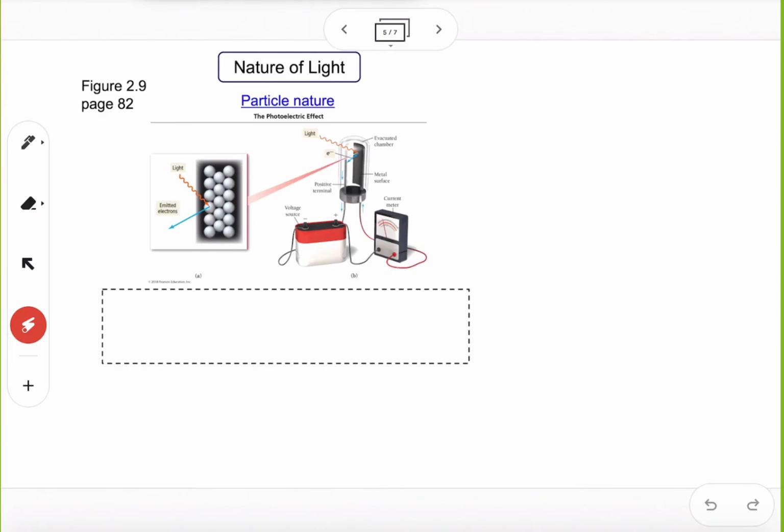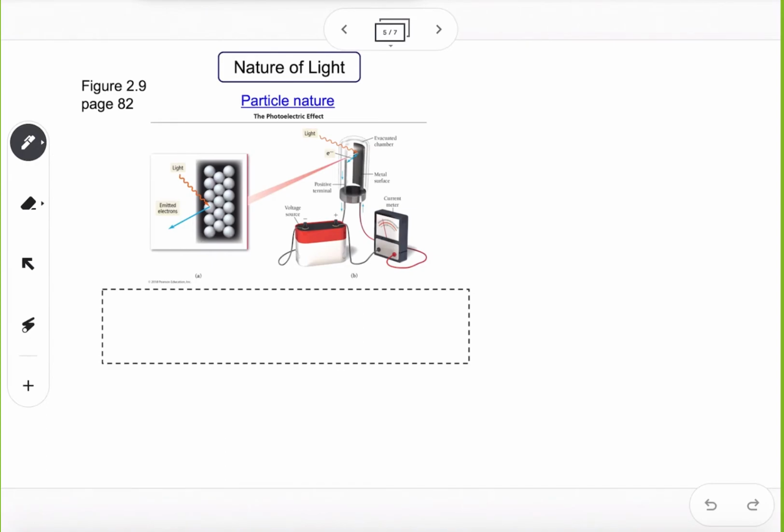Now, how do we express the particle nature of light? Here is the equation that can help us. Let me write it here. Since it's a particle, we call it a photon. We call this the particle nature of light as photon.